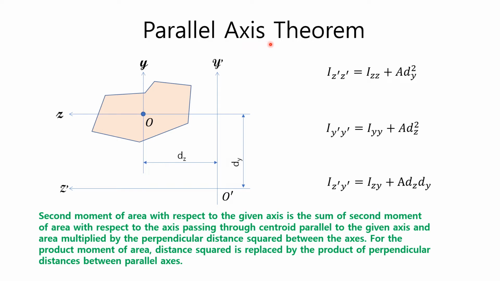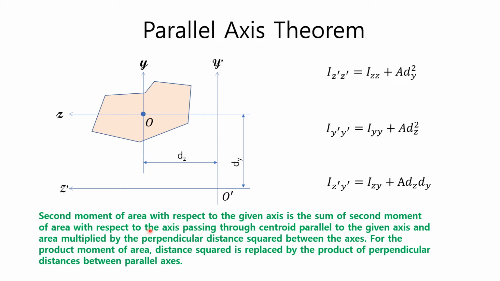This picture shows the summary of the parallel axis theorem. For the distances dz and dy, we have the second moments of area Iz prime, Iy prime, Izy prime.